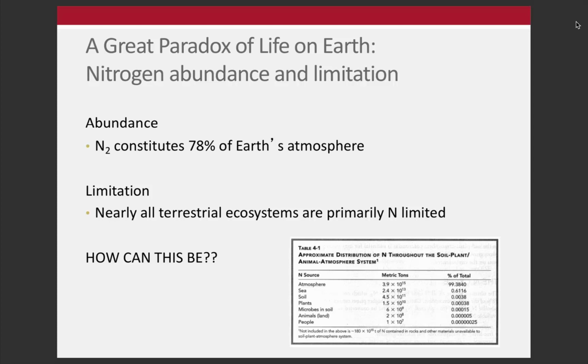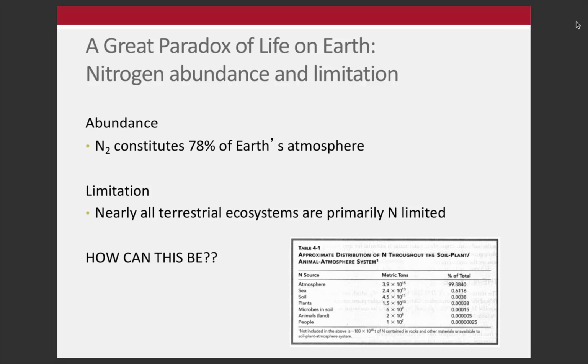This is particularly true in temperate regions, but can be true in tropical ecosystems as well. We look at deciduous forests here in Ohio. We go out to tallgrass prairie, the short steppe prairie, lots of different terrestrial ecosystems. Nitrogen is the primary limitation.